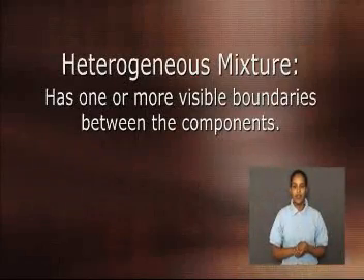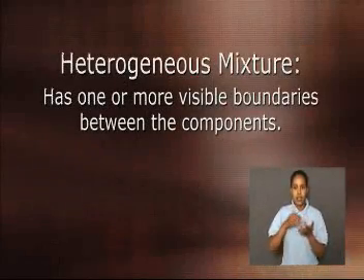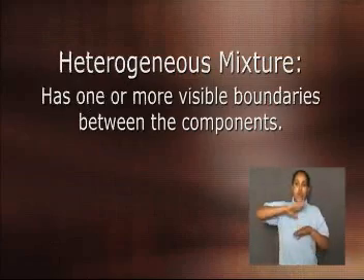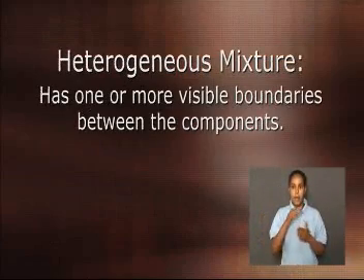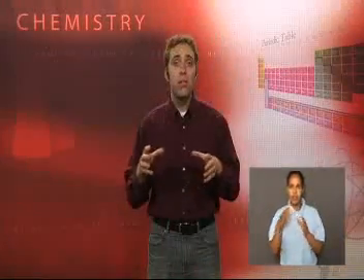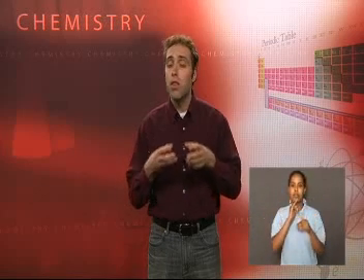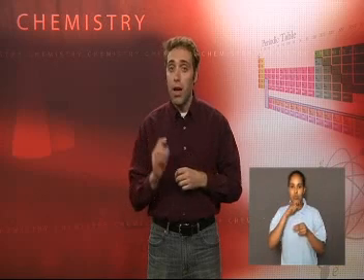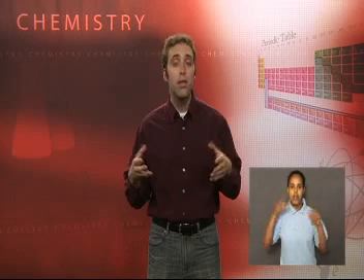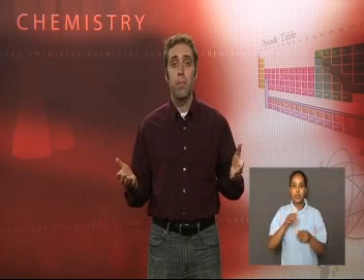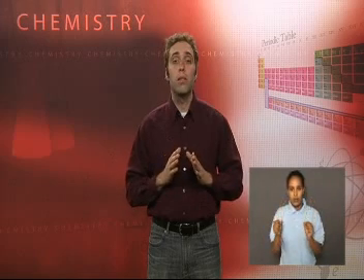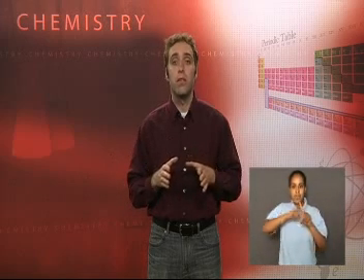A heterogeneous mixture has one or more visible boundaries between the components. The substance present in smaller amount is called the solute, and the other substance that exists in the larger amount is called the solvent. The solvent can also be the component that retains the original physical state.